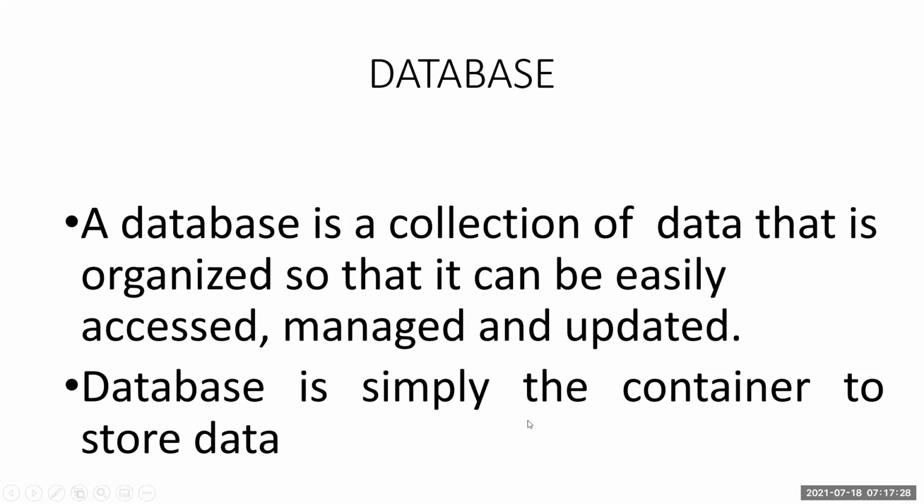So when we say manual, it can be your phone book. Your phone book can be a database. Your brain is also a database. Your filing cabinet is a database. But in this case, we are looking at what? Computer based, automated ones. So just understand that a database is a collection of data that is organized, that we can easily retrieve or access, manage, and update whenever we want.